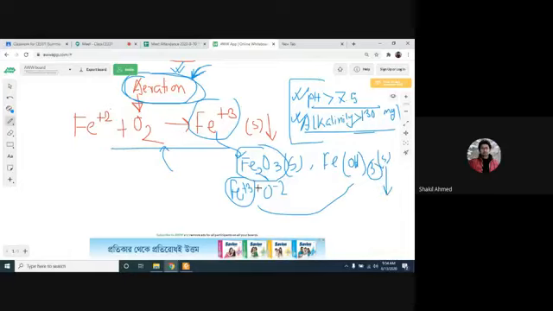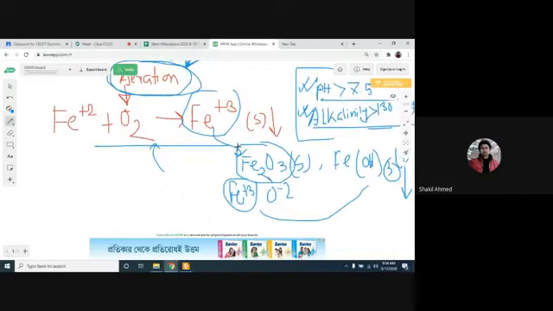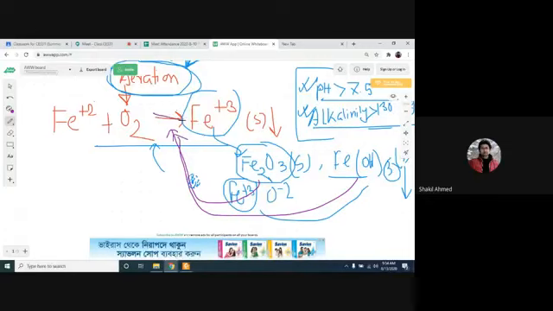Now there is an interesting thing here. This is solid, right? And they will create a floc, ferric oxide or ferric hydroxide floc. They are solid. Interestingly, this floc, ferric oxide or ferric hydroxide, acts as a positive catalyst to increase the rate.